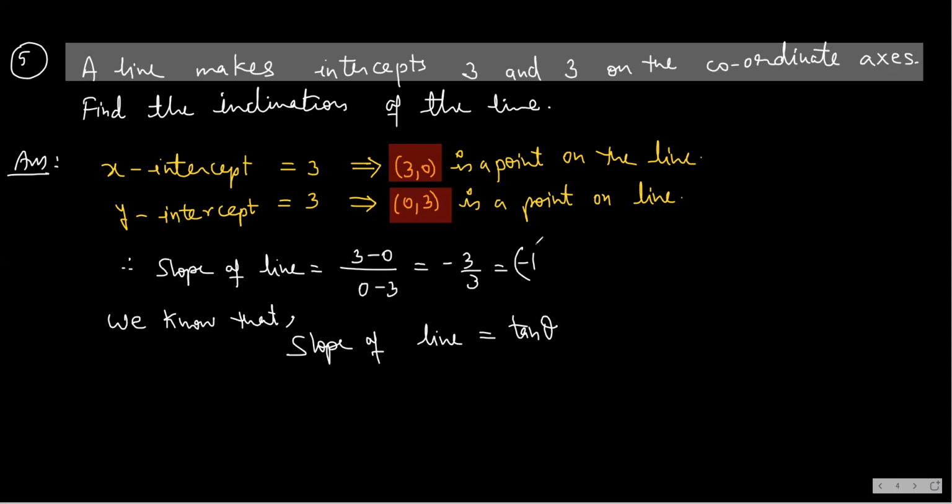Here they give me the slope as minus 1, so tan theta is minus 1. Got it? Tan of theta is minus 1.